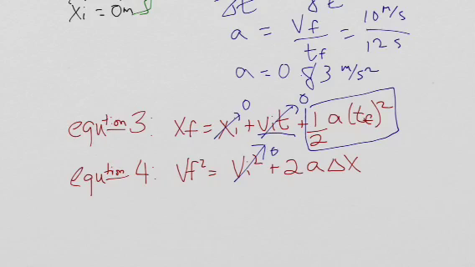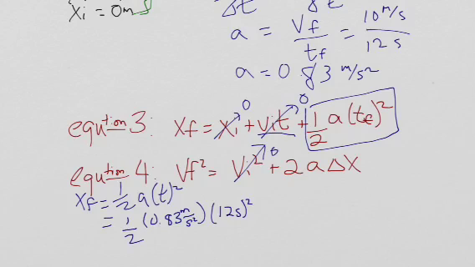Here on this side we'll do equation 3. So X final is equal to 1/2 a t squared. Now let's plug in the numbers and see what we come up with, because we don't have any rearranging to do.